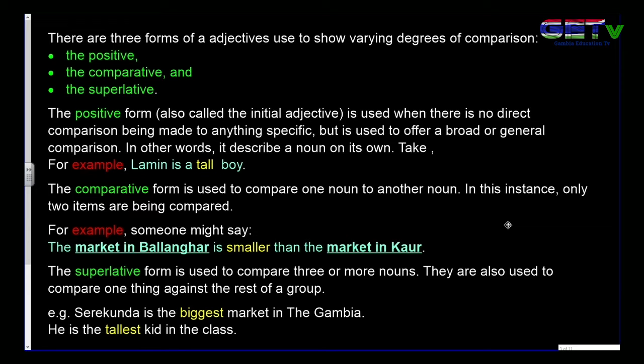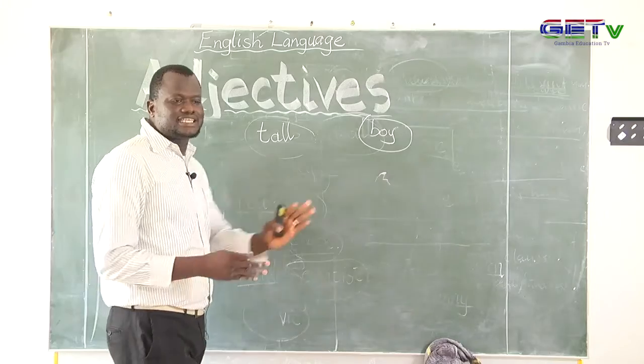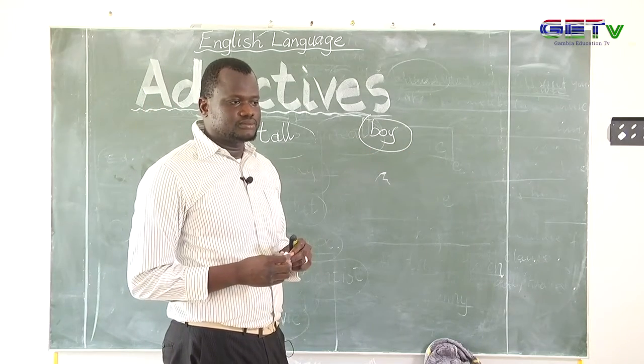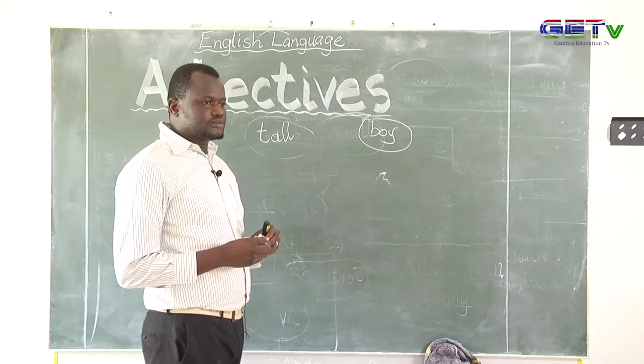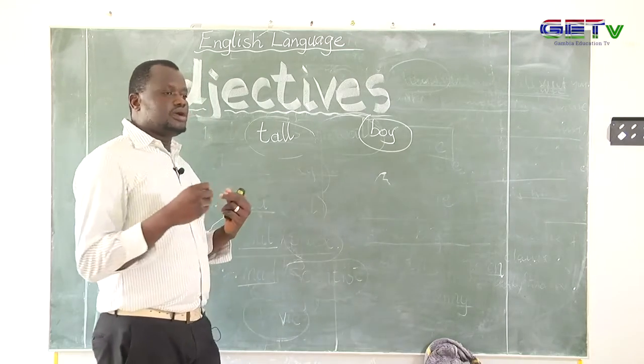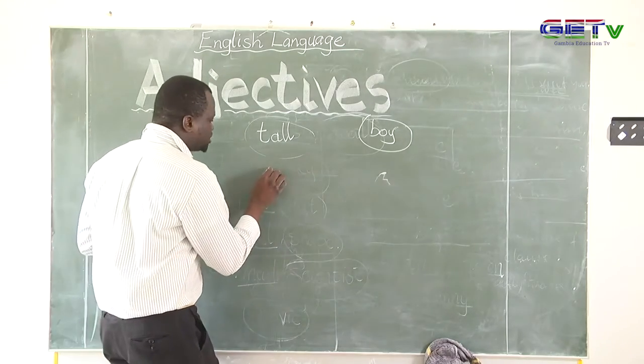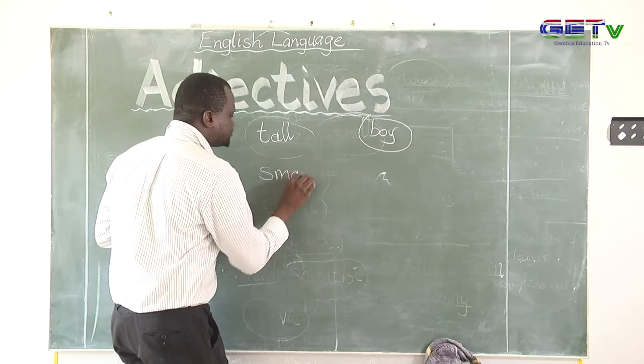For example, someone might say, the market in Balangar is smaller than the market in Kaul. Here we are comparing two markets. So the comparative we are using here is what? Smaller.